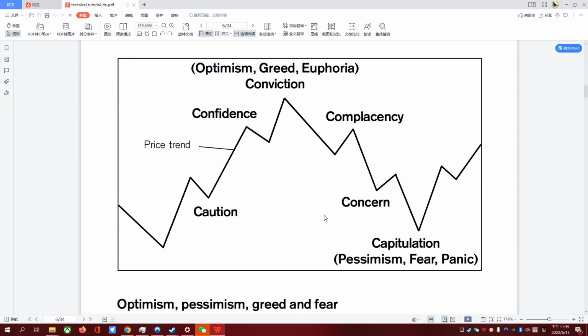So here, this is how optimism, greed, and euphoria form, because as you see, the price trend governs our mindset. When we see maybe a fancy watch, a fancy bag, a fancy sports car, we see these different asset prices go up.